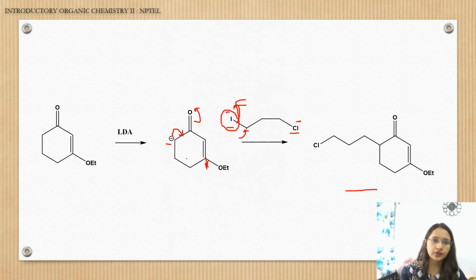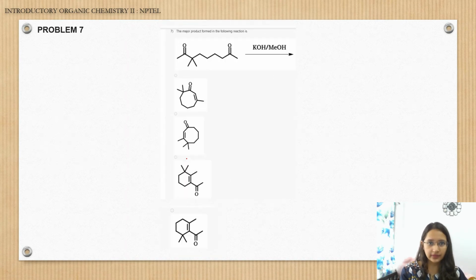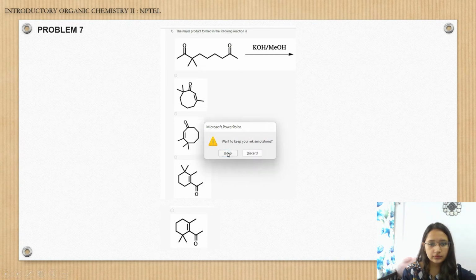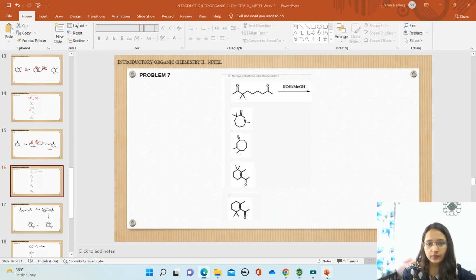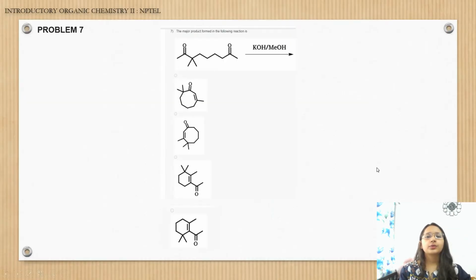So now, coming to the next problem, they are asking for the major product formed in the following reaction. They are treating it with KOH base and methanol, which is a proton source here.